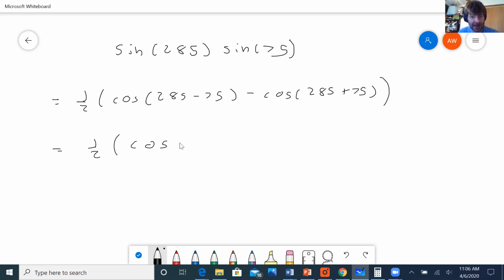So 285 minus 75 is going to be 210, and 285 plus 75 is 360.